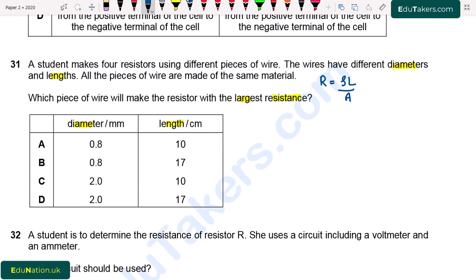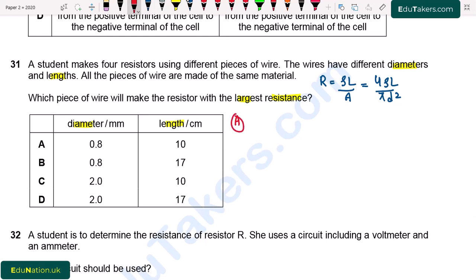In this case, the material of the wire is the same, so the resistivity in all of these cases is the same. I also write here in terms of diameter: R equals 4 rho L over pi d square. Now I am going to put values here.